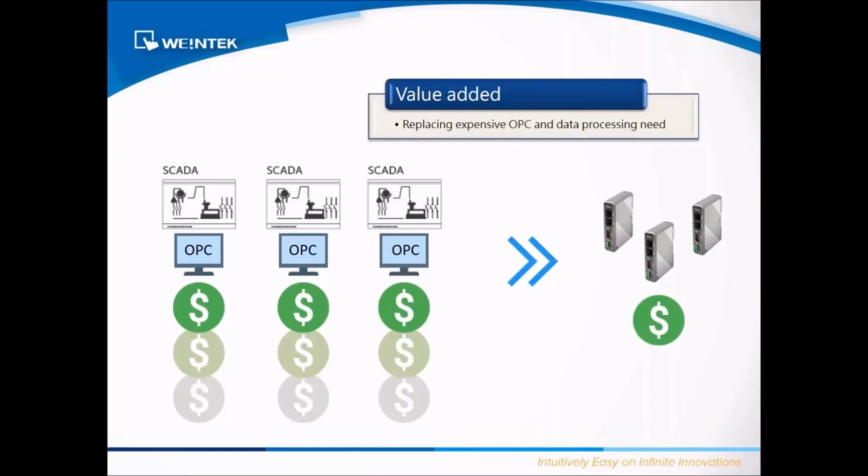And the problem is that most OPC server vendors charge by protocol. If you have one protocol, that might be fine, but if you have many protocols or many brands in your system, so maybe you have one Mitsubishi, one Siemens, one Allen Bradley, then you need to buy 3 different protocols, which can cost a lot.